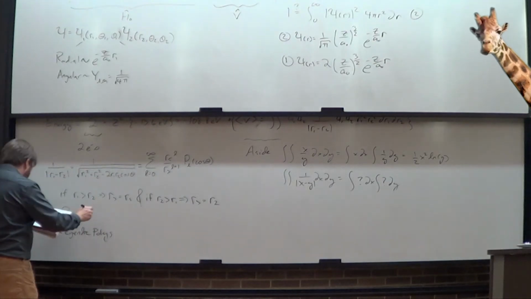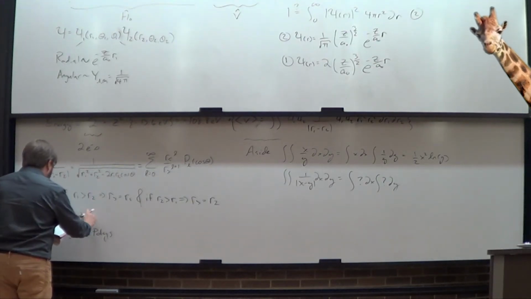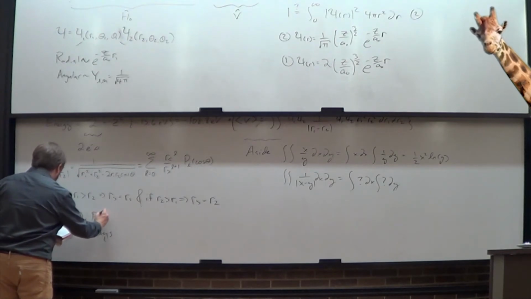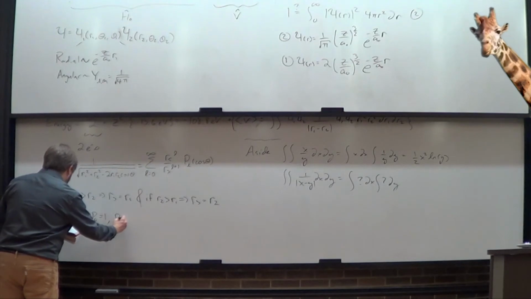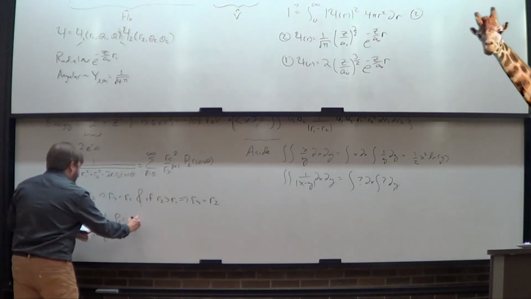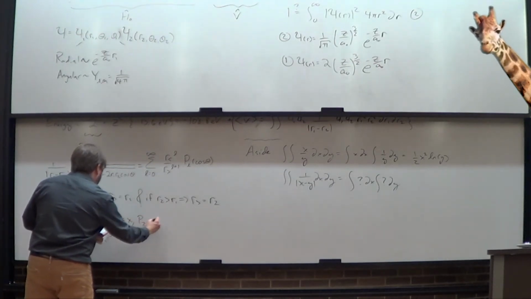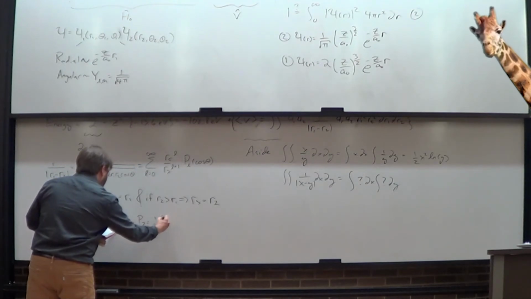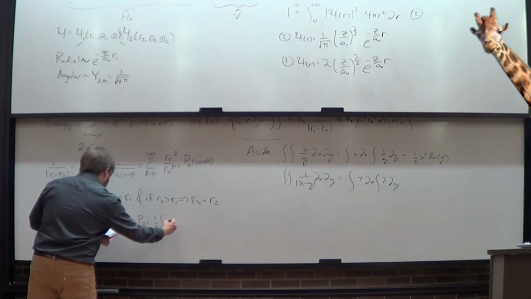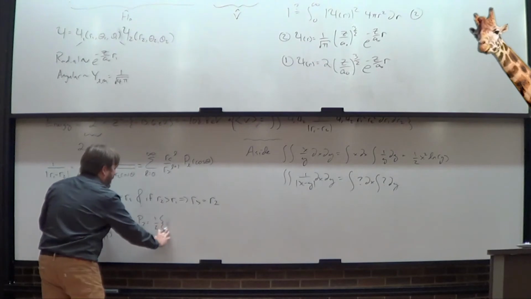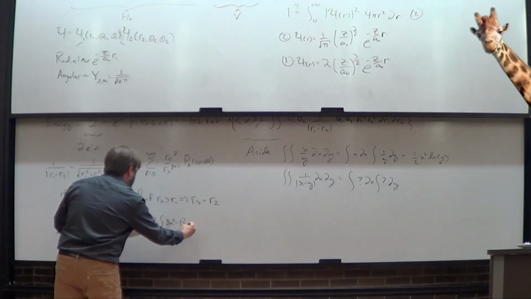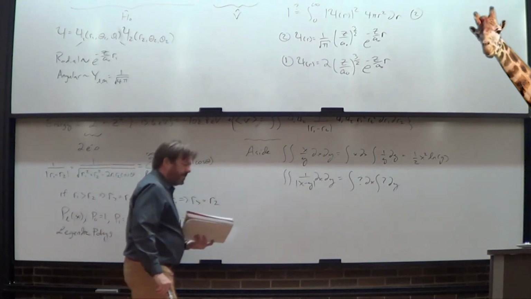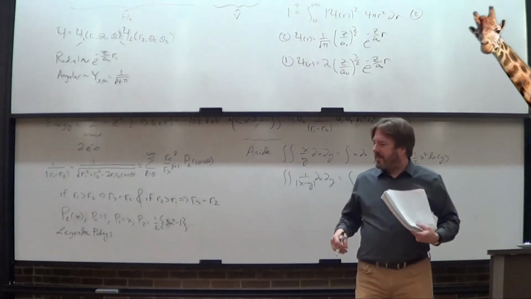And instead of X, you'd have cosine, but whatever. So P0 is 1, P1 is X, P2 is 1/2 (3x squared minus 1). Anyway, all right, so you can look them up.